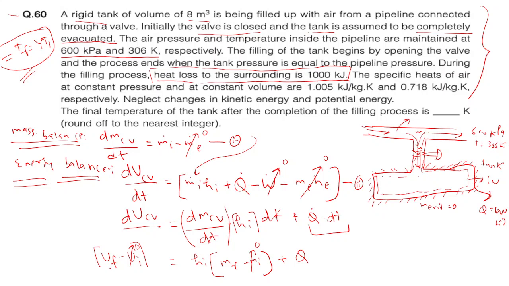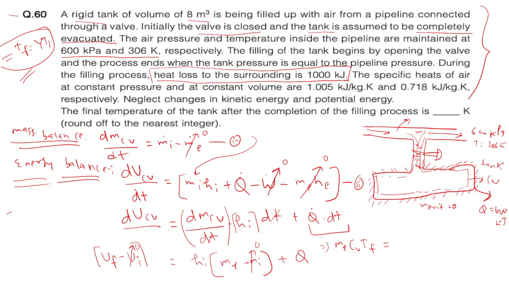So what would be the UF? What is the UF? UF means final internal energy inside the tank, means mf into Cv into Tf, right? So mf we can easily find, right?